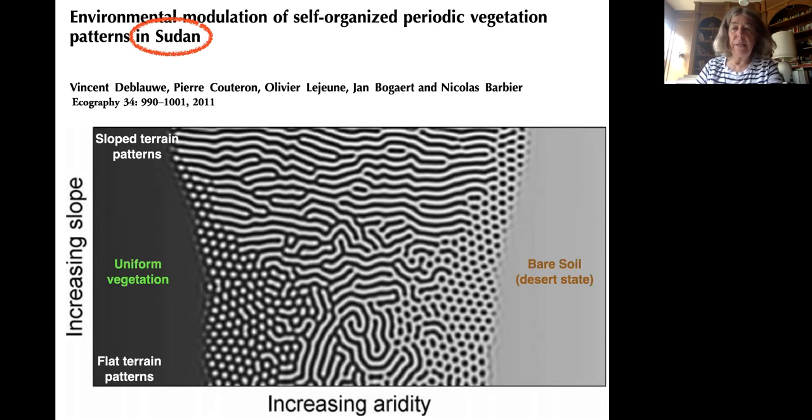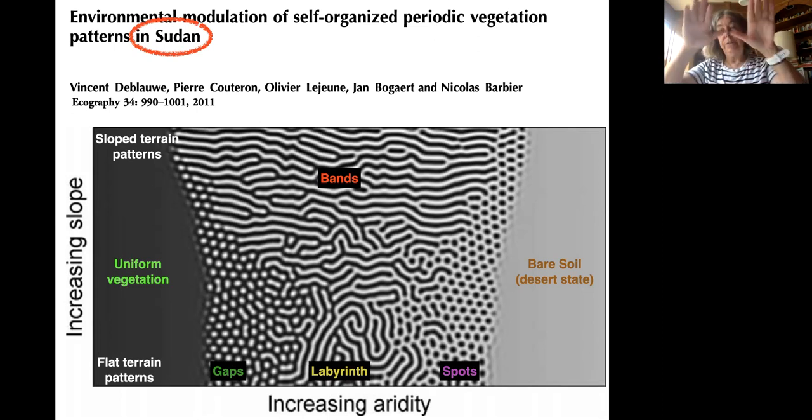Okay, so the model has at high aridity, you have this bare soil desert state, and at low aridity, you have uniform vegetation, and then you go through these sequence of patterns depending on how sloped the terrain is. So for flat terrains, it goes through what I was calling the gaps to labyrinths to spots. And then if it's sloped, then there's a preferred direction, and you end up getting these vegetation bands that are oriented perpendicular to the slope.